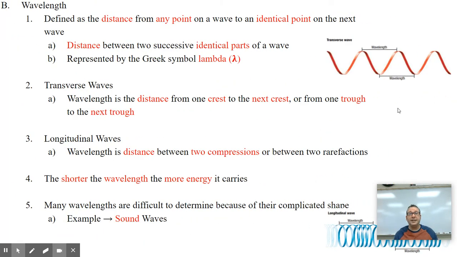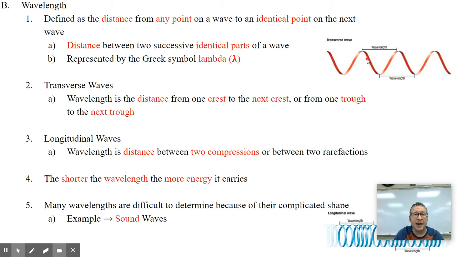All right, next thing we talked about in the first section is wavelength. It's the distance from any point on a wave to the identical point on its next wave, or the neighbor's wave, okay? It is the distance between two successive identical parts of a wave, and it's symbolized by the Greek symbol lambda, which is right here. For transverse waves, the wavelength is the distance from one crest to the next crest, or from one trough to the next trough.